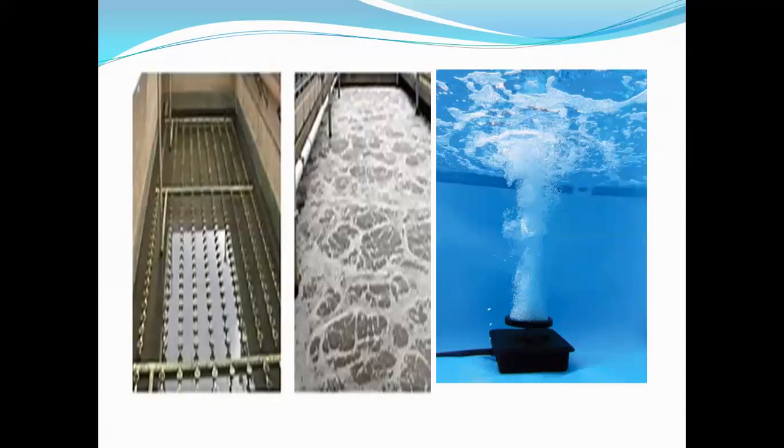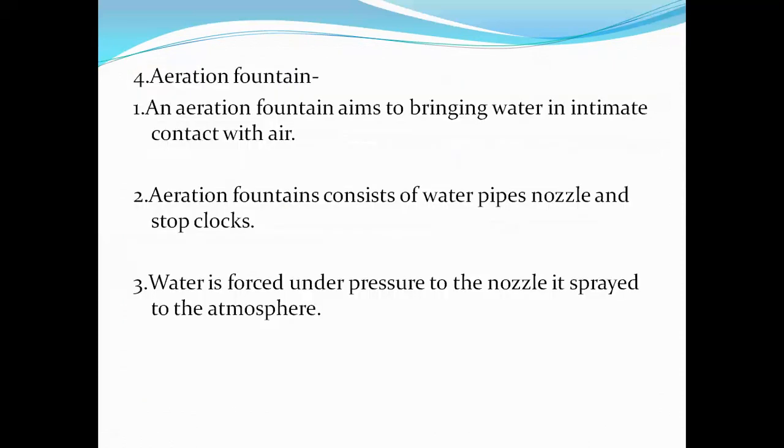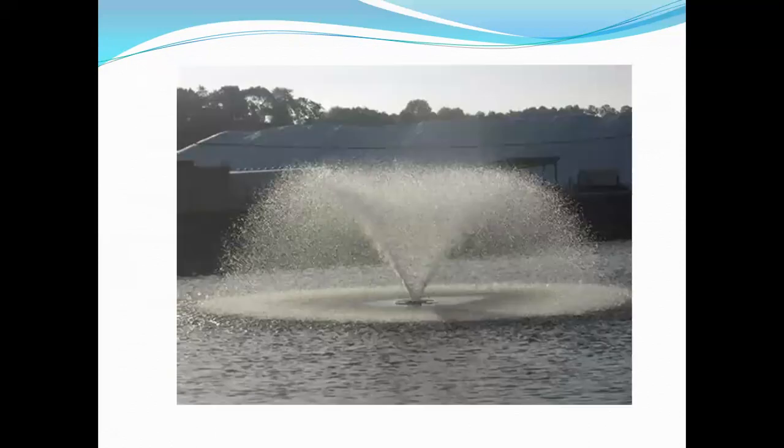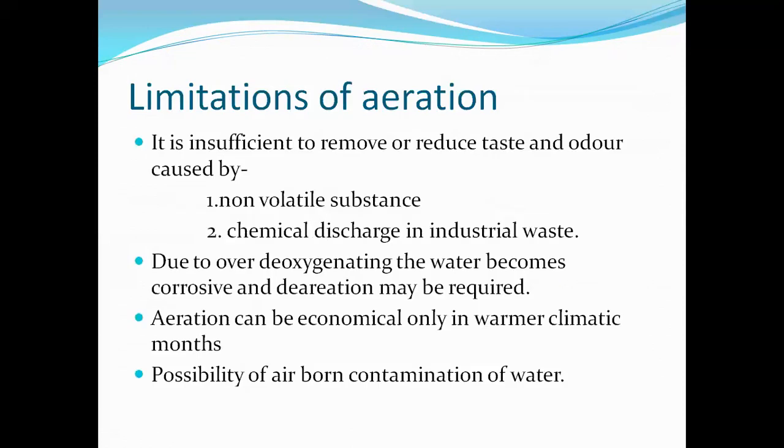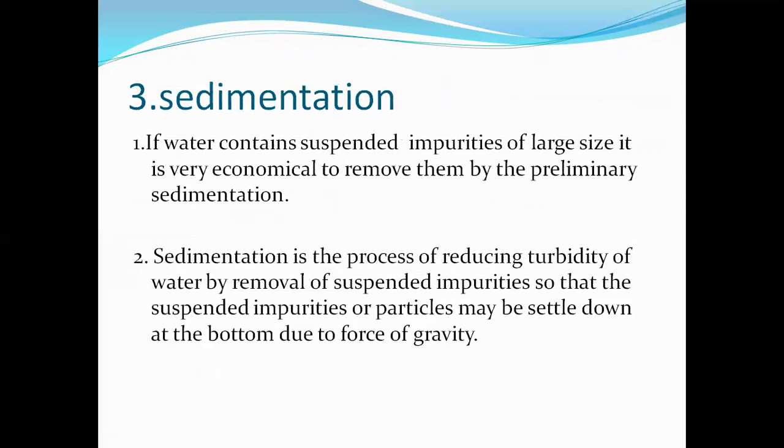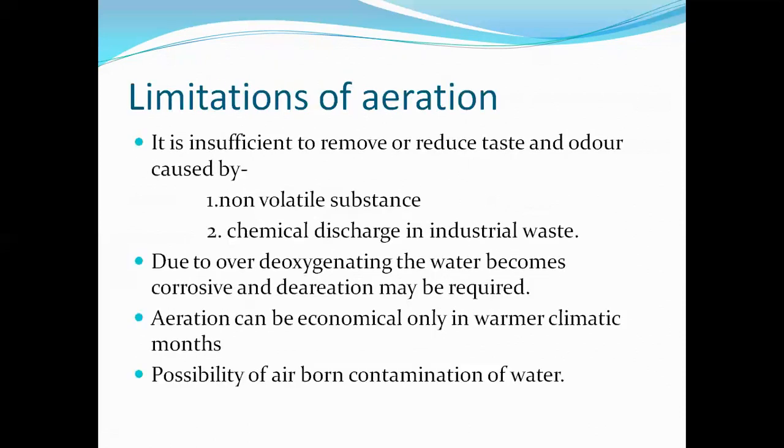In this, air diffusers are placed at the bottom of the water tank. Then fourth is the aerator fountains, which are also used for aeration. These four are the types of aeration or aerators. Then the next point is limitations of aeration. There are four limitations of aeration.